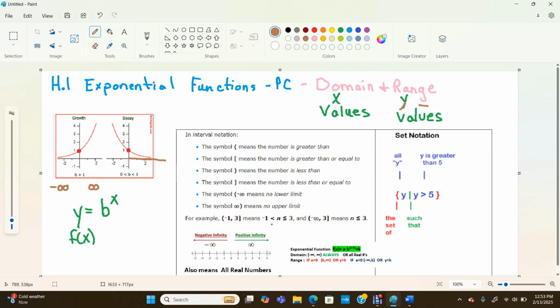Another way you will see that, it might look like this, that the range is going to be between -1 and +3. That's how that's laid out. So again, this is less than, and it's not equal to that -1. And here the range is greater than, or less than or equal to 3.